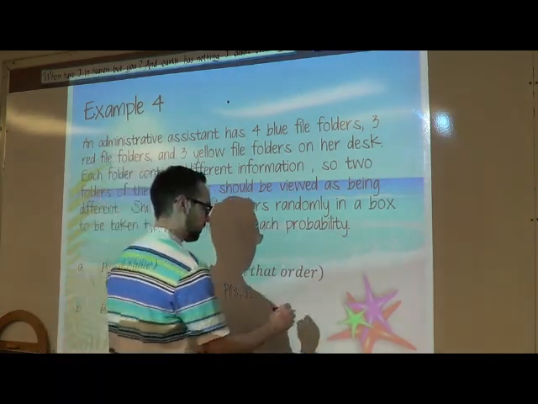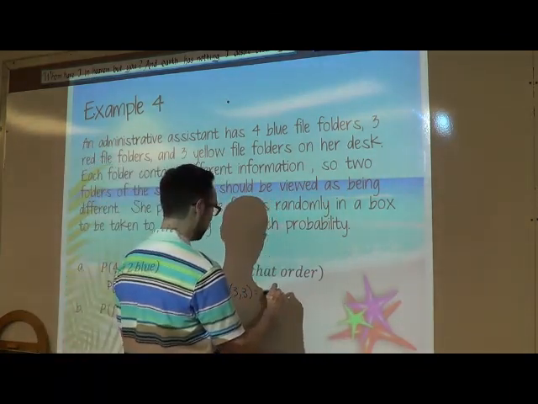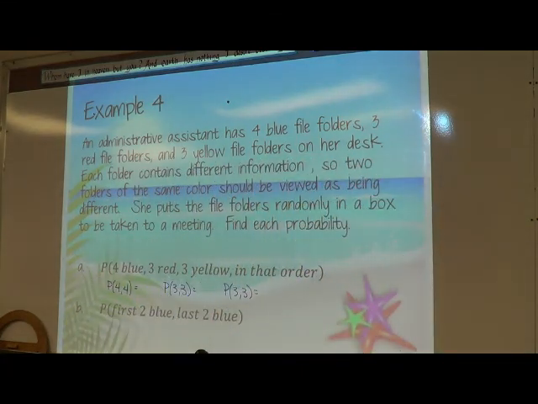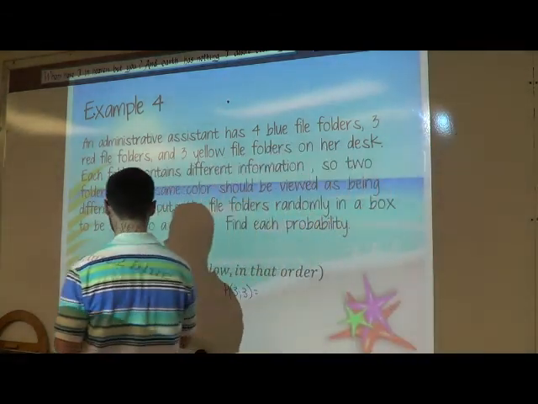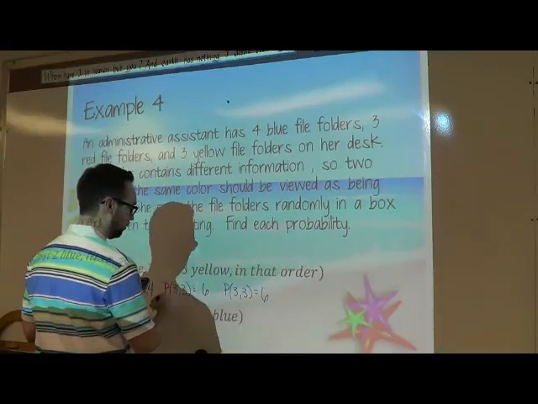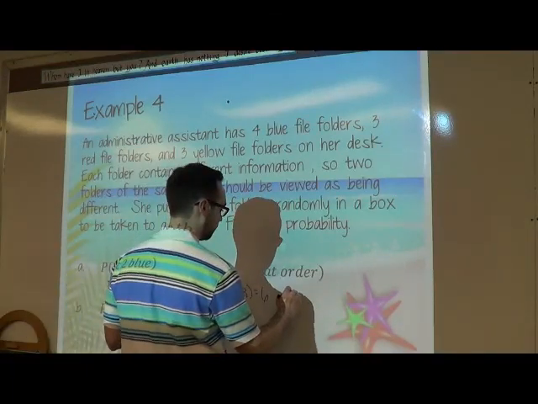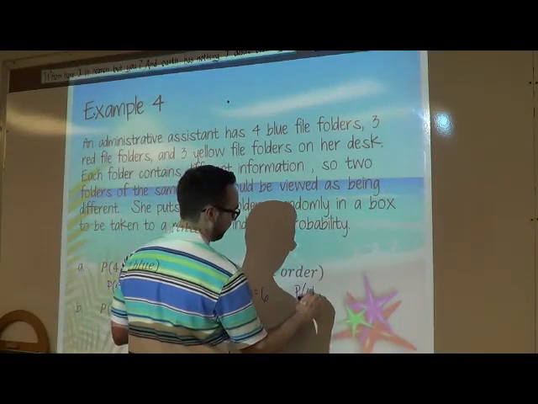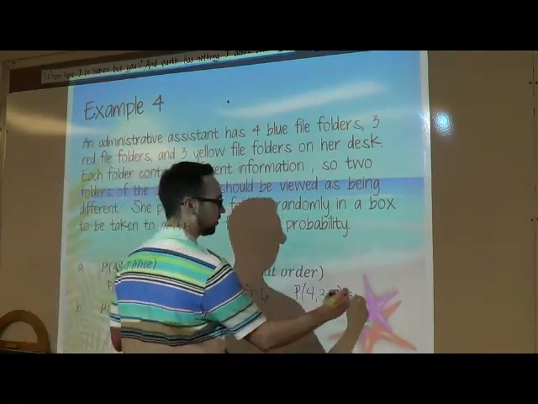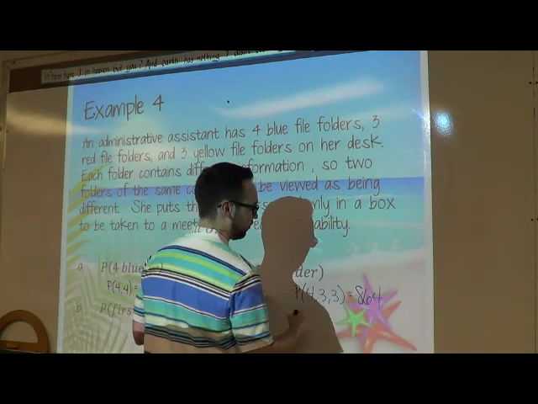So if you do 4 permutation 4, you get 24. Then each of these are 6. And when you multiply all those together, the number of ways of getting them in that order, you do 24 times 6 times 6, you should get 864.